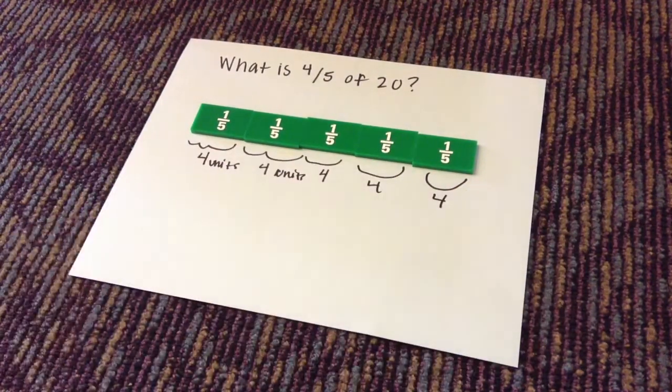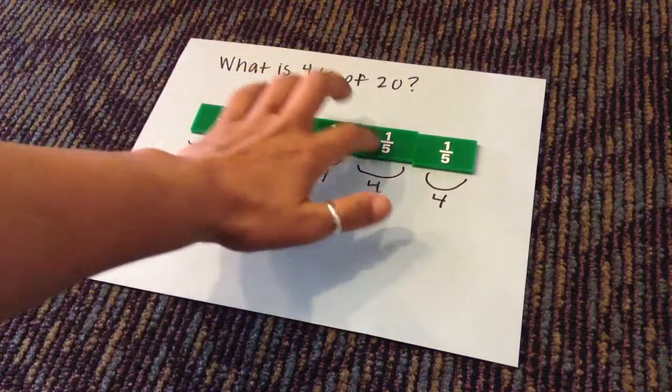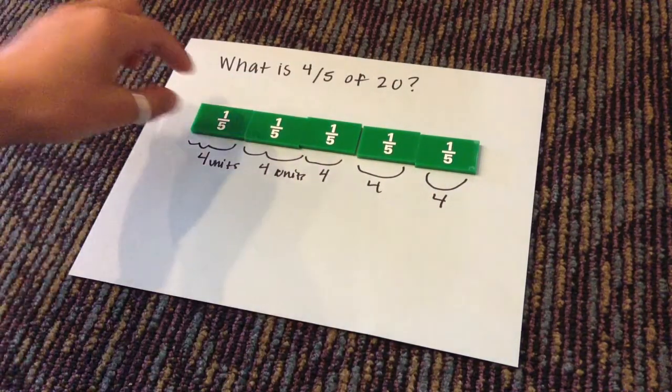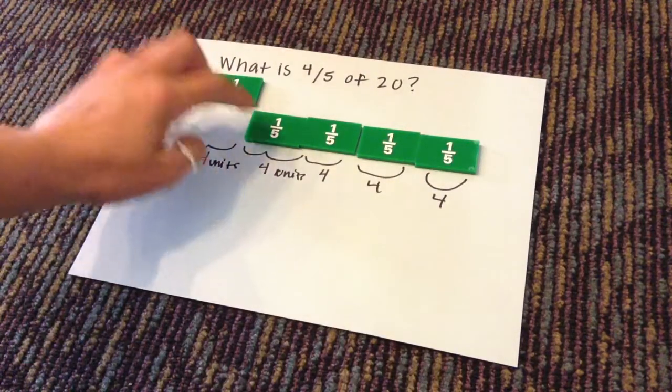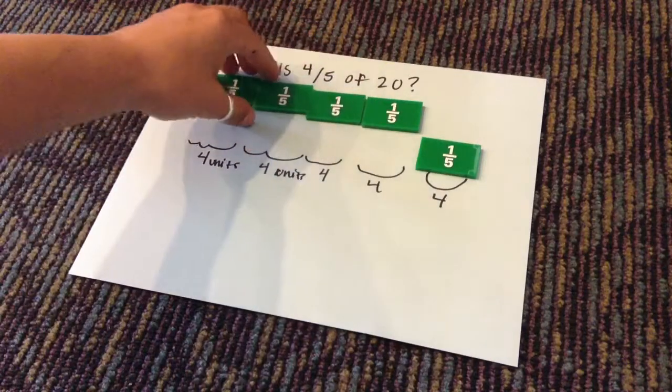Okay, so it's asking again for 4/5 of 20. So we show that our whole is broken into exactly 5 equal-sized parts. We're looking for 4/5 of it. So we do it like this. 1, 2, 3, 4. We're left with 1/5.